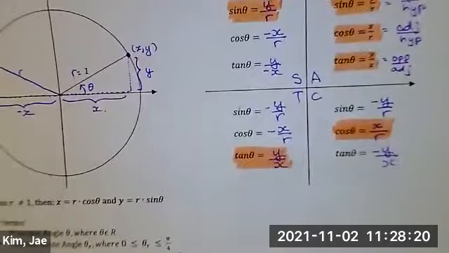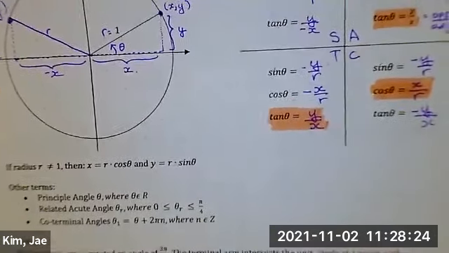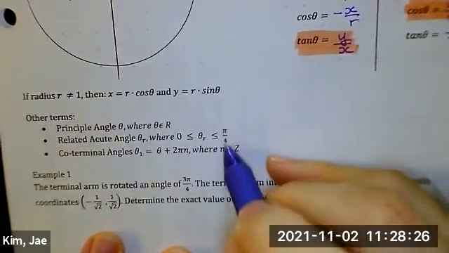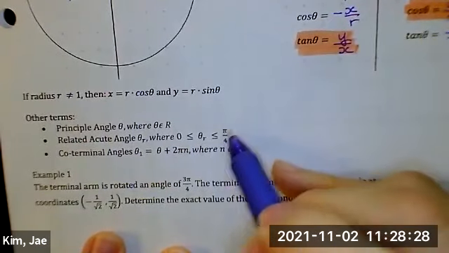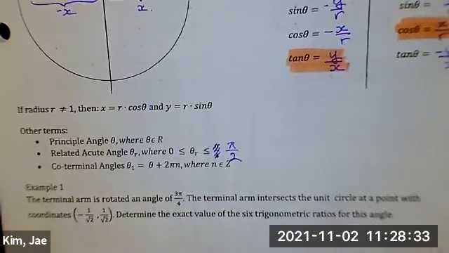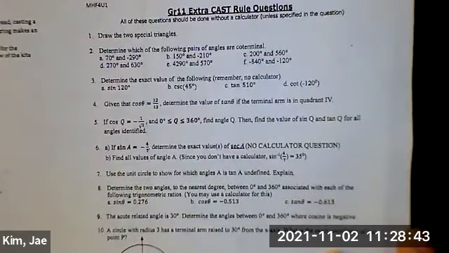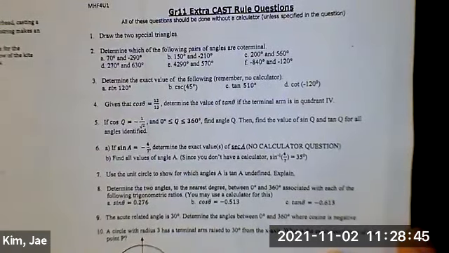I didn't get a chance to do any of the example questions. I didn't get a chance to talk about the other terms. Oh, there's a typo. That's a pi over 2, not a pi over 4. I'll talk about it tomorrow again. If you want to refresh your memory, try any and all of these and check the answer key online.